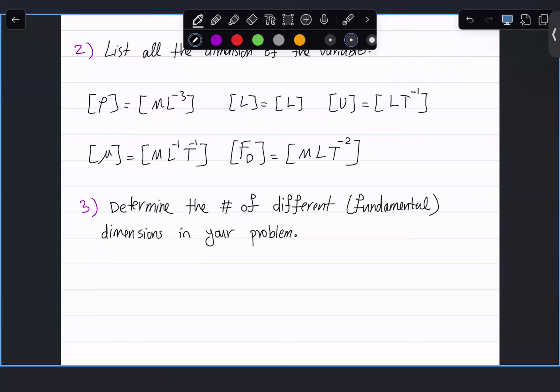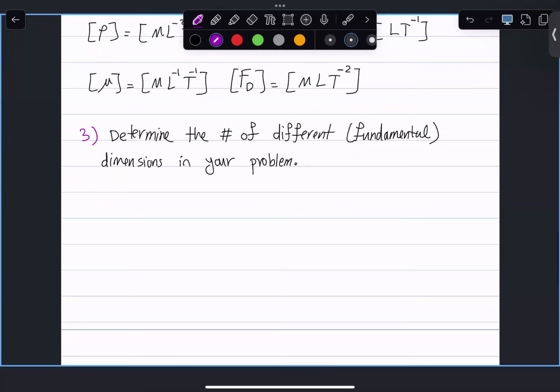Okay, so basically the dimensions are like building blocks. You want to see how many of these blocks you have. How many did you use to make all of these variables? So how many dimensions do we have in this problem? 3, right? In fluids, the maximum you can get is 4. So all the dimensions that you can have are M, L, T, and theta. This is mass.